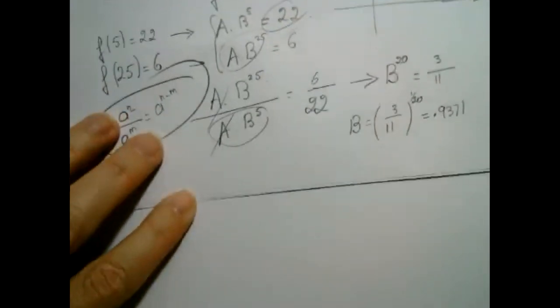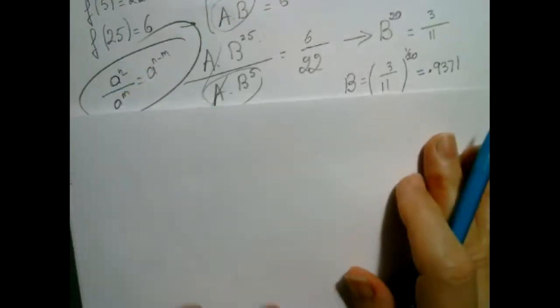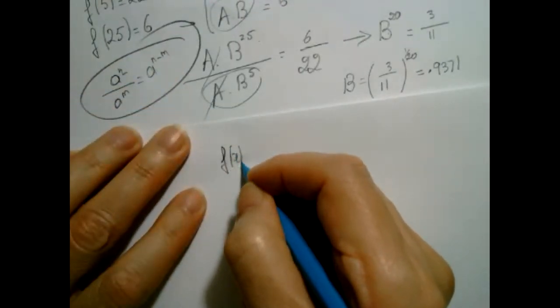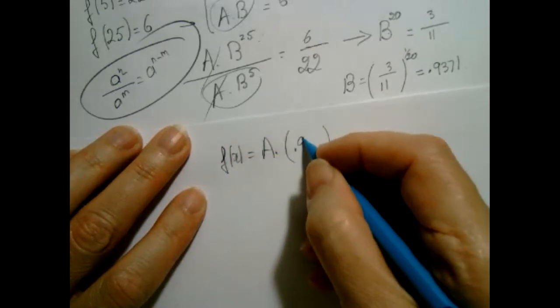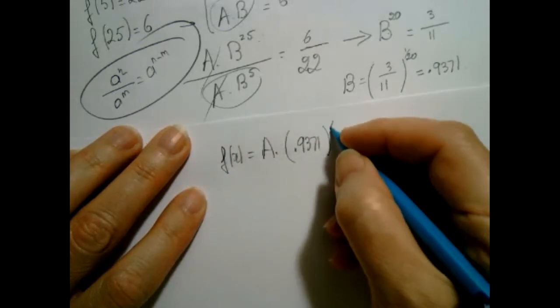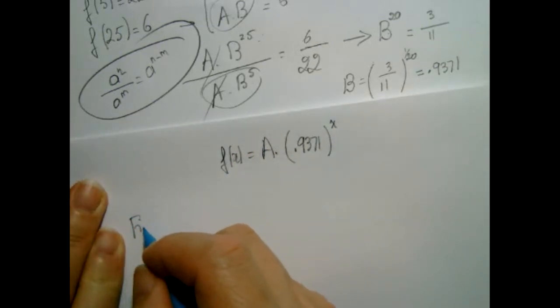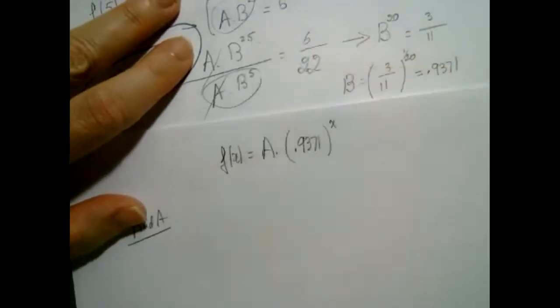Now I need the a. So finally we find the a. So now we have that f of x is my a times my b to the power x. Now I need a. I say, okay, I have two equations, this one and that one.